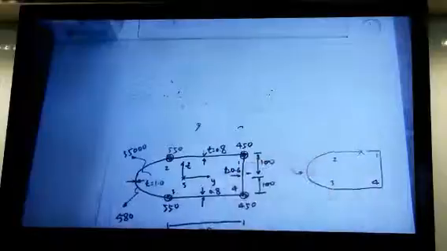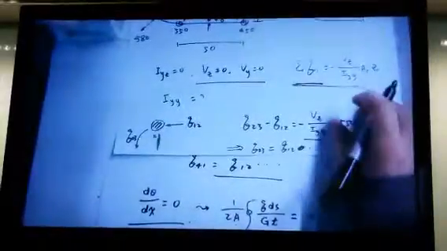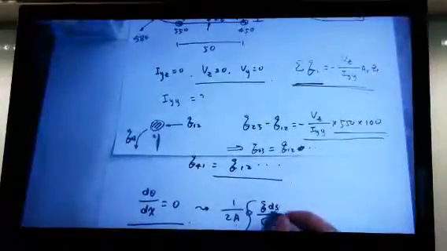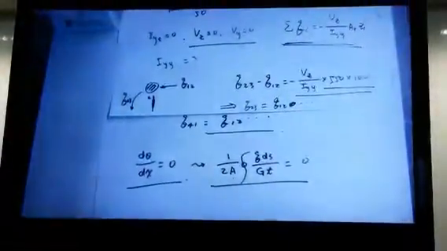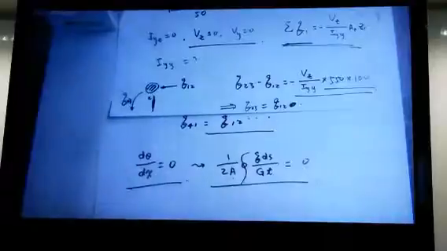So t is different everywhere, and you have to use that formula. And the ds is not the length, it's not a straight line everywhere, especially that curved section, right?